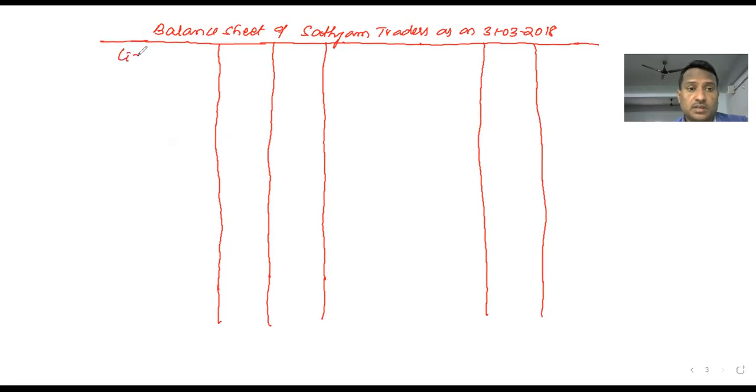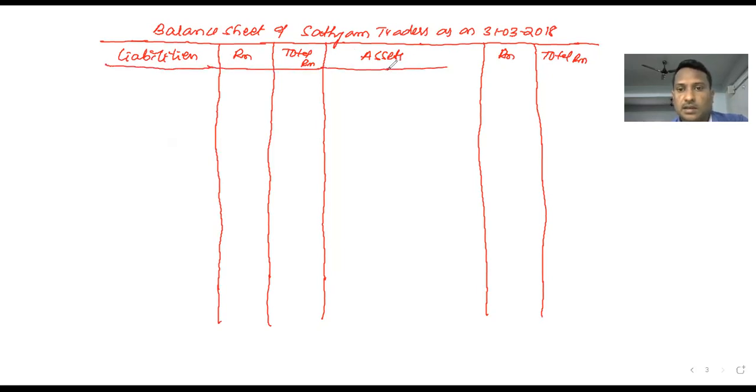So first, liabilities, rupees, total rupees. Assets, rupees, total rupees. This is the format. We already identified the liabilities on the credit side of the trial balance at the beginning of the problem.